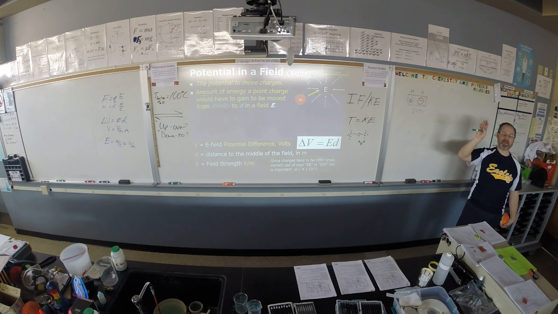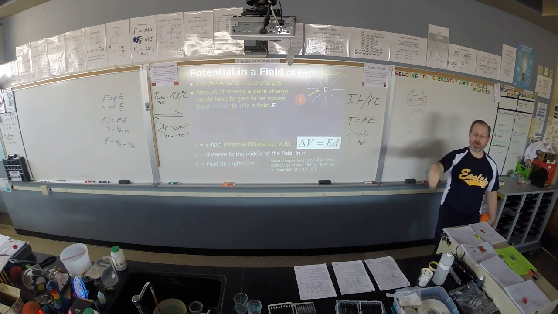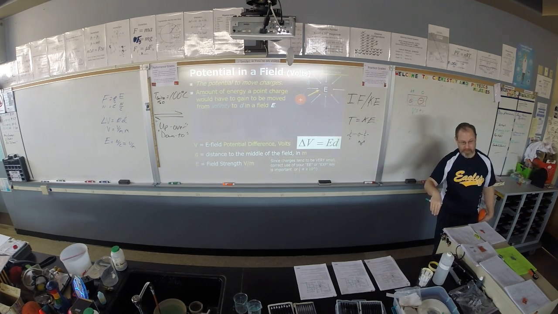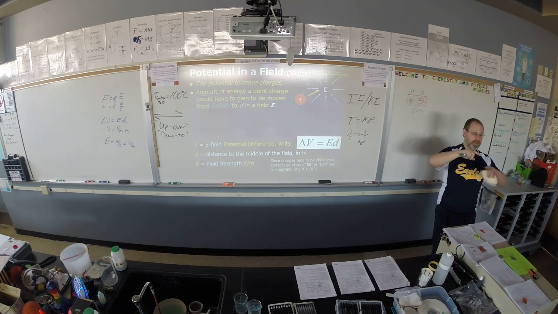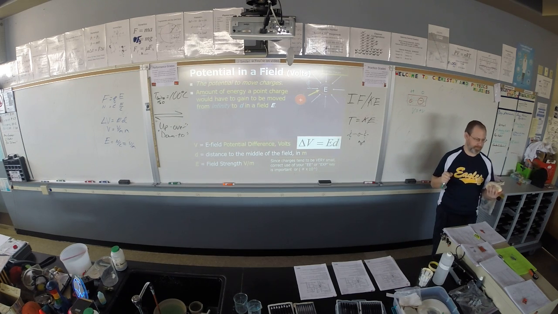Think of it as the height of a waterfall. Water has the potential to fall over the waterfall, and its potential to fall is a distance. It's like a magnitude of potential fallingness.